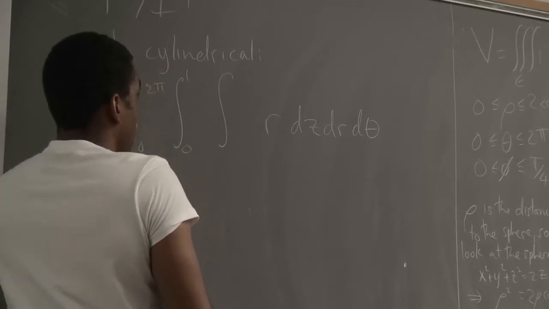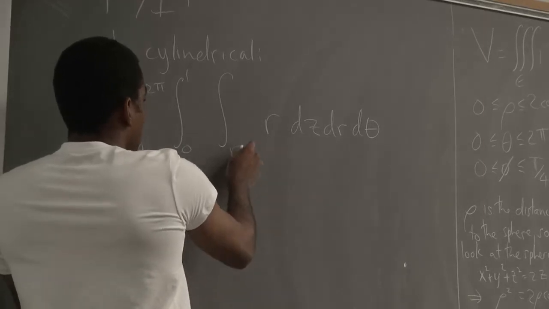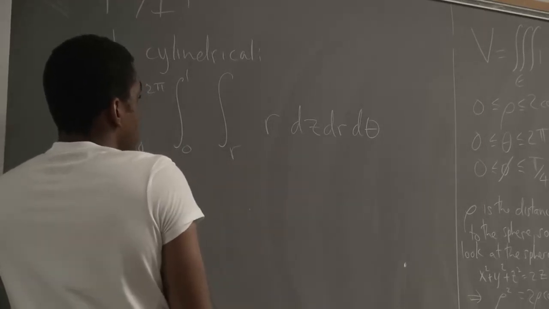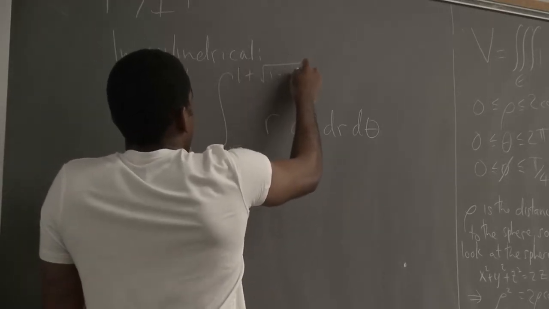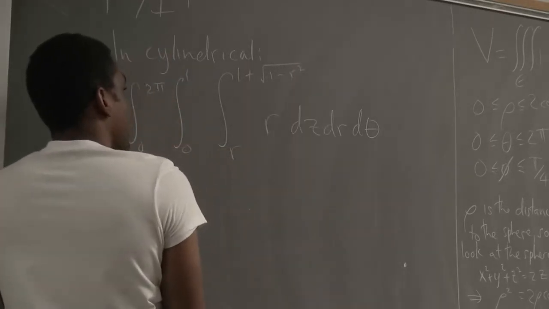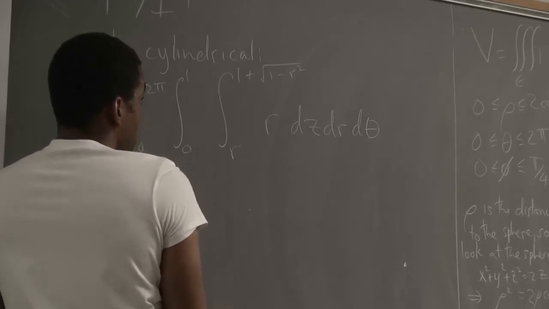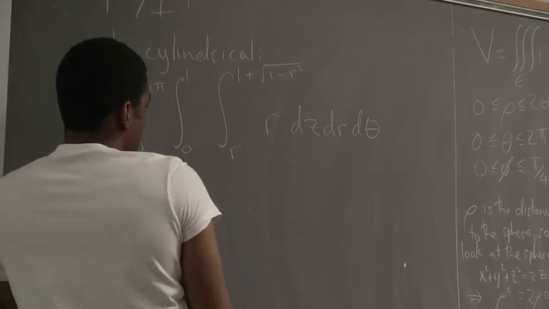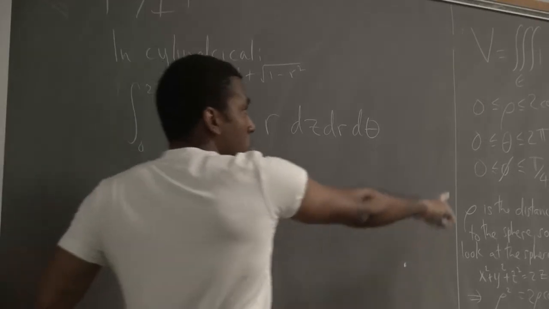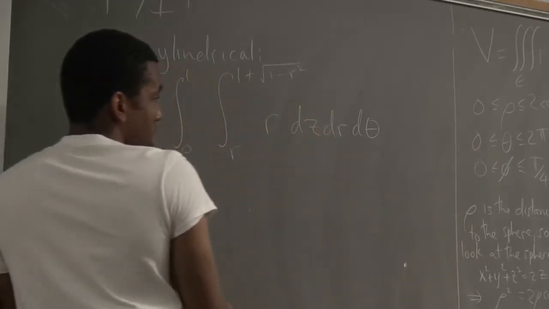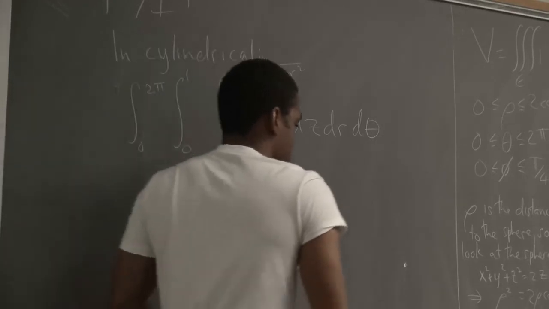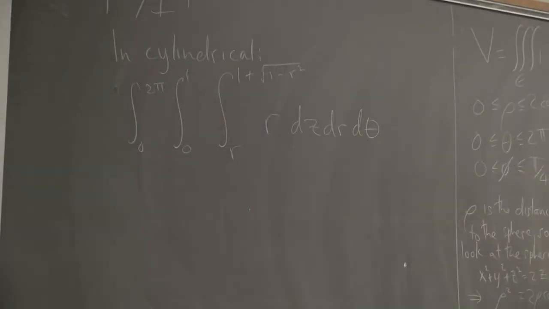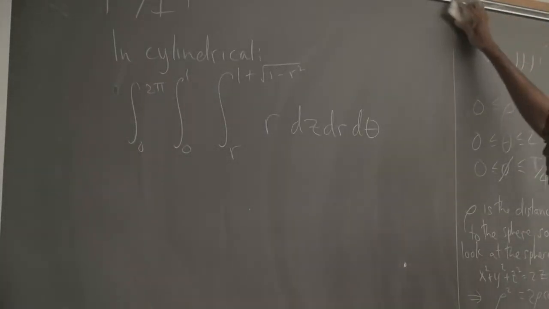And for z, it would be the cone r, to 1 plus the square root of 1 minus r squared. In this particular case, it would have been probably easier to do that. Unless you see this right away.